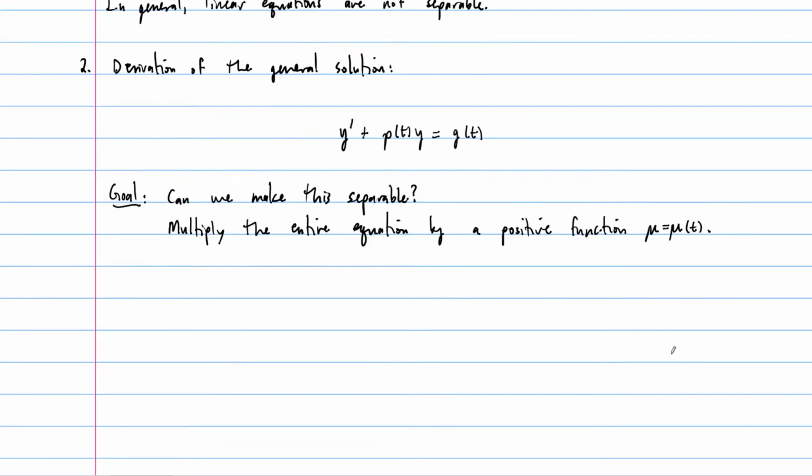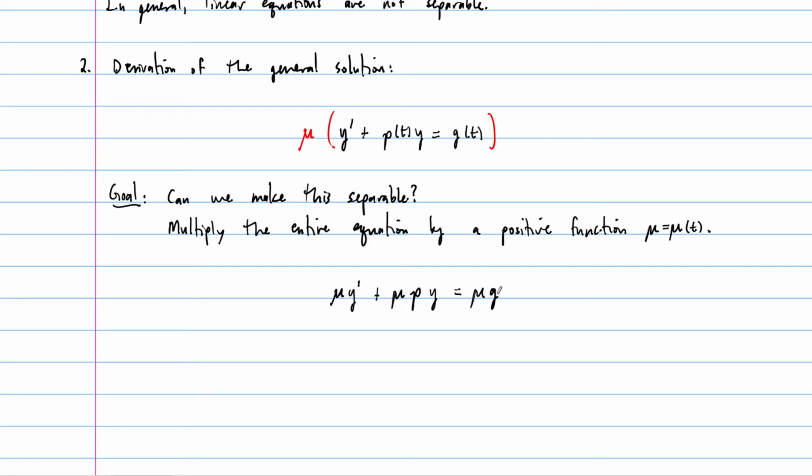Let's see what happens when we do this. We have to multiply all the parts. I'll just write it right here: we're going to multiply the whole equation by mu. That mu has got to distribute to everything, so it's going to end up giving us mu times y prime plus mu times p, and I'm going to leave off the t, so everything here is a function of t, times y. And on this side, it's going to equal mu times g.